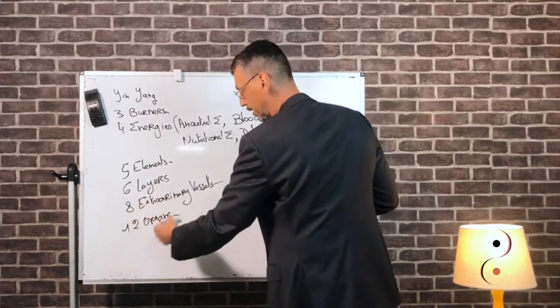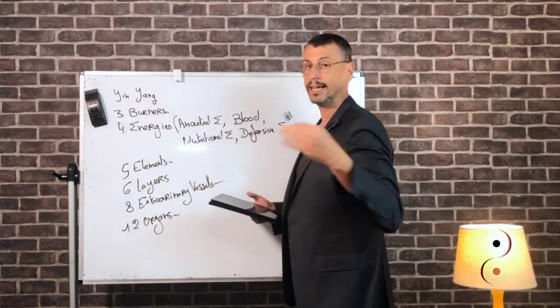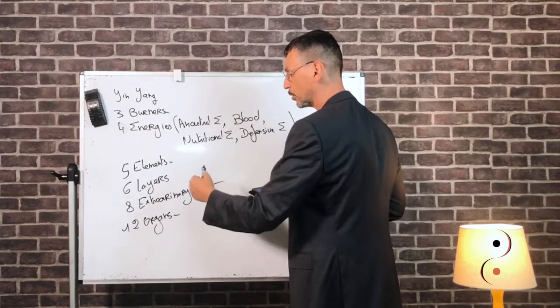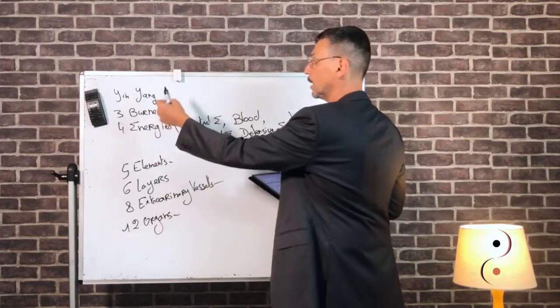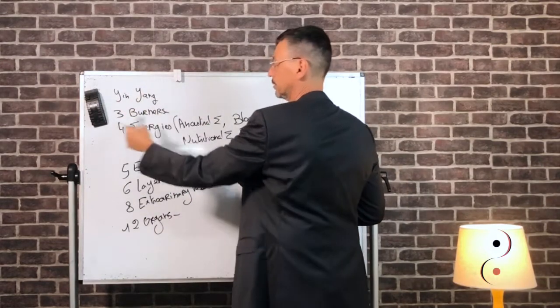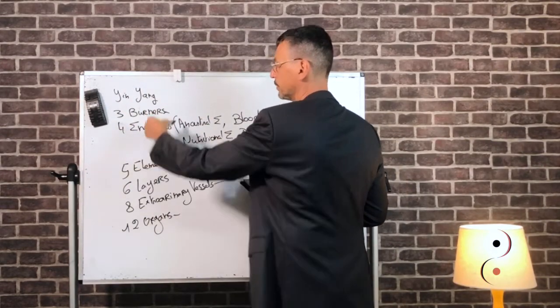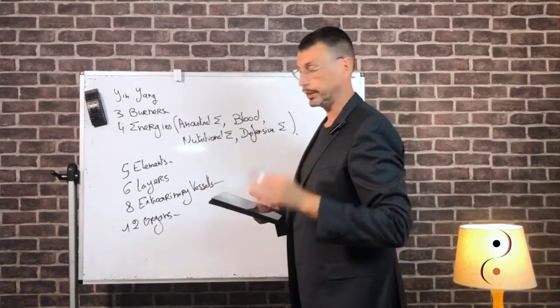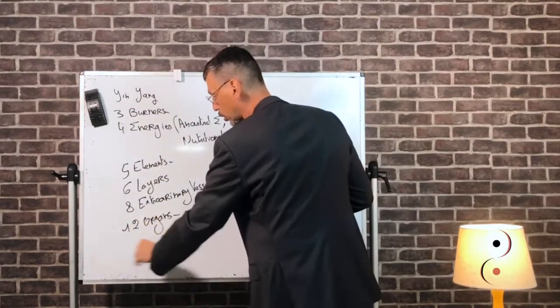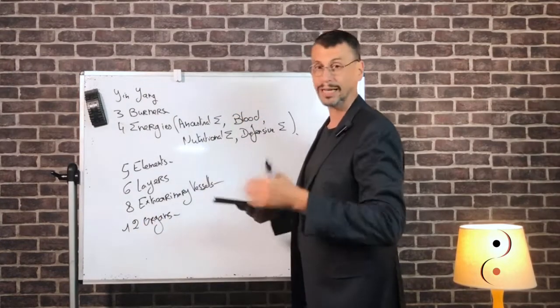So the organs are really at the end. They should be analyzed only at the end of the diagnosis. Because if you have balanced the yin-yang, the 5 elements, and the other elements that are described here, usually, in most cases, the organs will balance themselves.